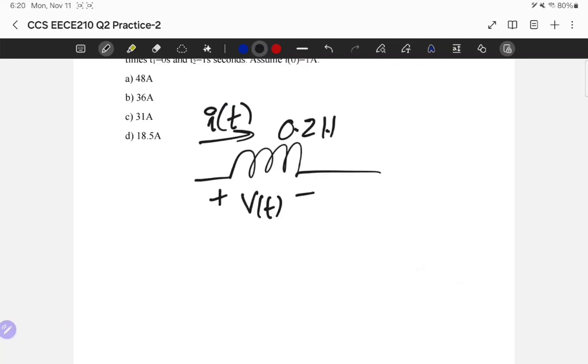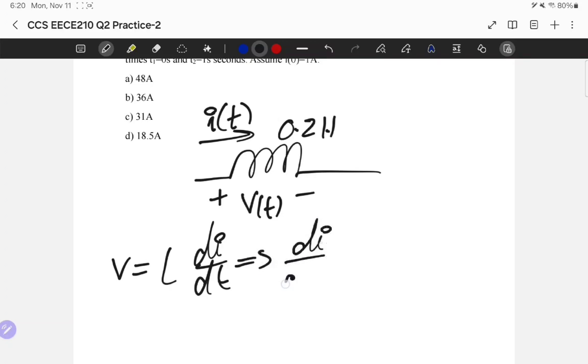If you remember, a golden formula for inductors is that V equals L di by dt. So I'm going to do a quick derivation, but basically use the same formula for current from the formula sheet. So di by dt is equal to V over L, which is 1 over L times V(t).